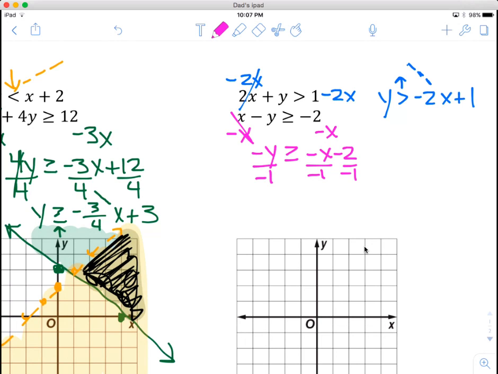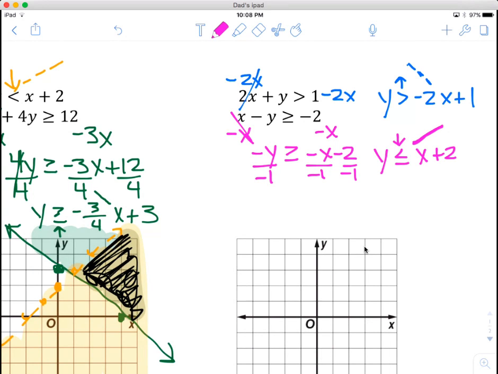We have to flip the inequality sign. So y is less than or equal to negative x over negative 1 is positive x. Negative 2 divided by negative 1 is positive 2. So this has a positive slope with a solid line. It is going to shade down.